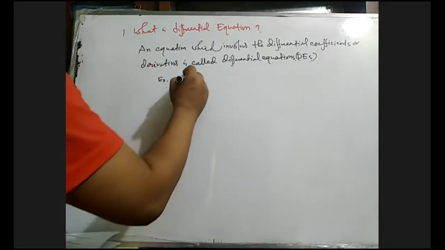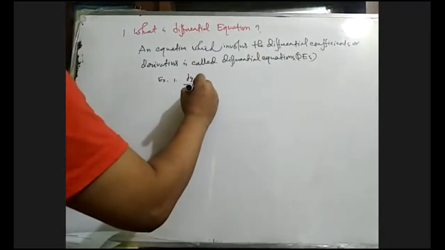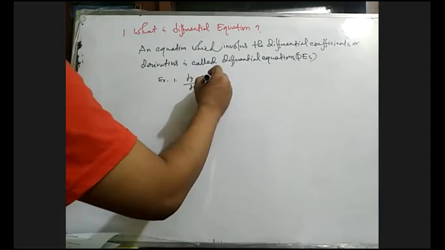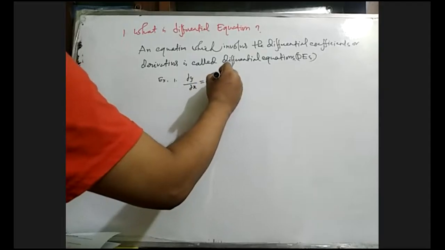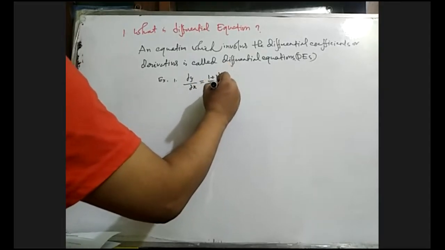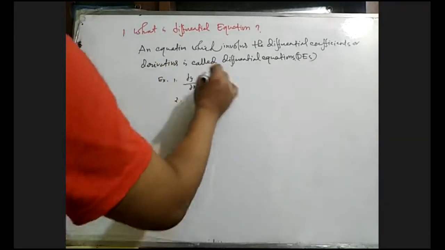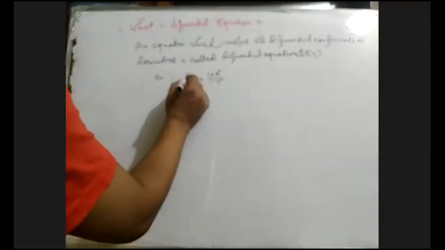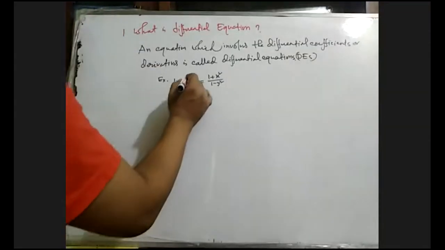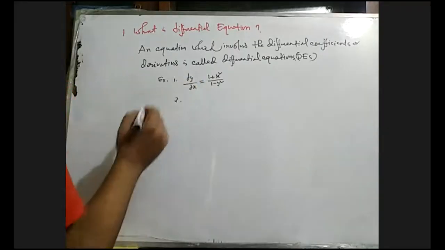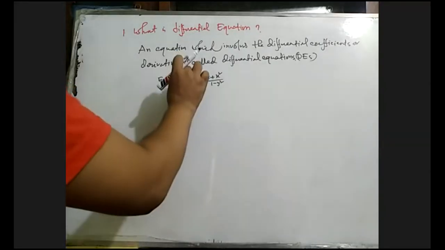For example, suppose dy/dx equals (1 + x^2)(1 - y^2). This is a differential equation because it consists of a differential coefficient, that means dy/dx, the derivative of y with respect to x.